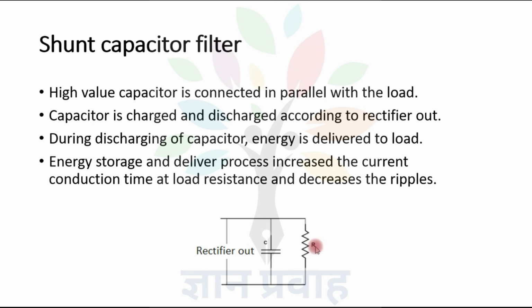It means there is energy storage and energy delivered to the load. And in this process, it increases the current conduction time at the load resistance, and this current conduction time is helpful to decrease the ripples or AC components from the output. This is the basic concept to remove the AC components at the output of the filter circuit using a shunt capacitor.